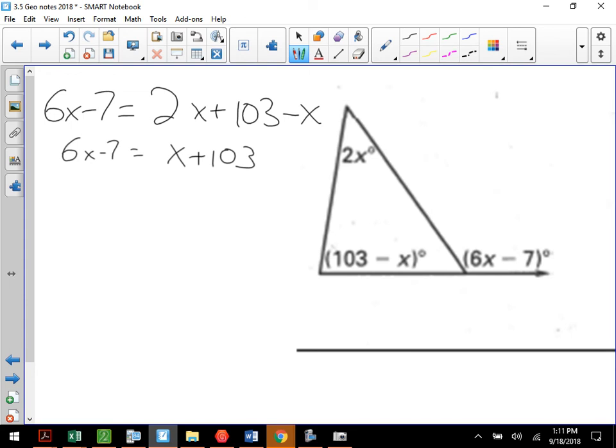And now you subtract the x from both sides and add 7. Divide that out, and you get what? 2.